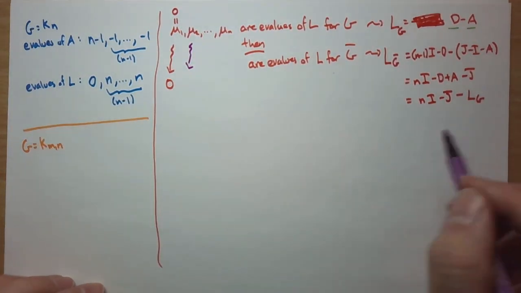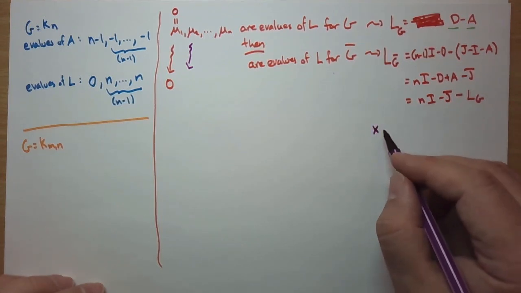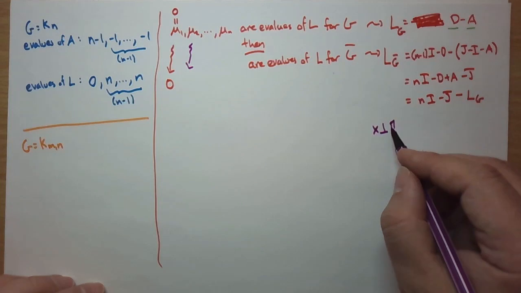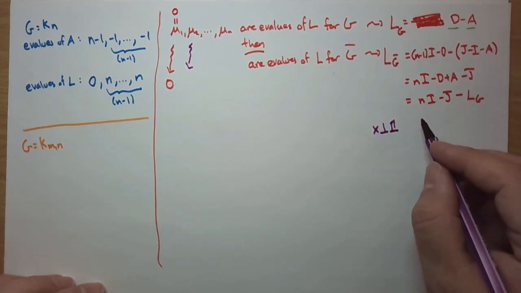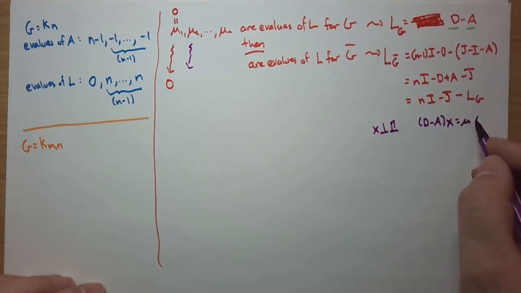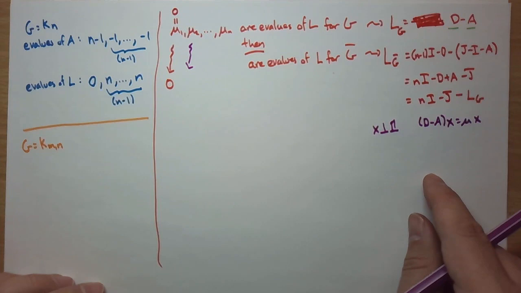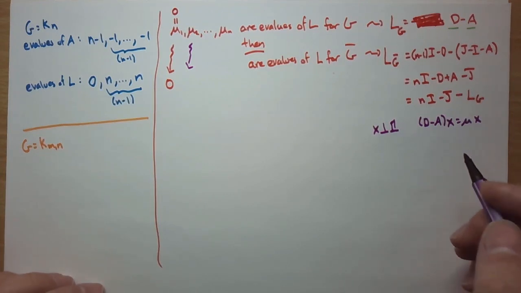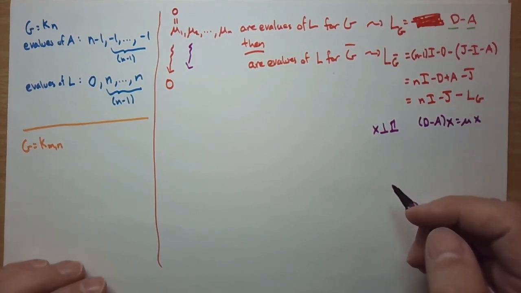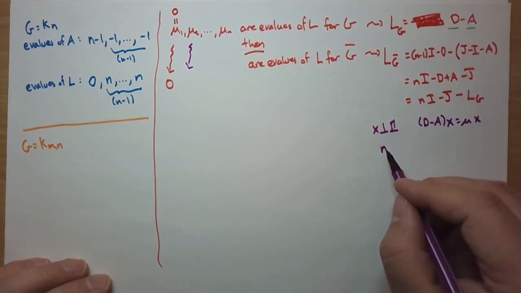Well, we'll just say x is perpendicular to the all ones, and we have the Laplacian of G times x is mu x. So this is just saying I have an interesting eigenvector. I don't want to call the all ones eigenvector trivial, but it kind of feels that way since it's always there.